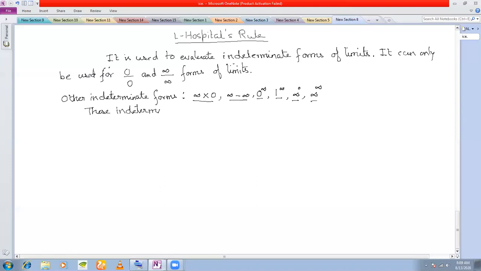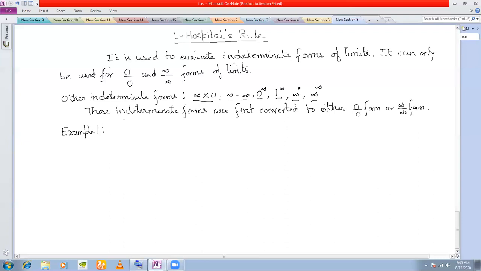These indeterminate forms are first converted to either 0 by 0 form or infinity by infinity form. Okay. So let us see an example in this regard. Let us see the first example, the evaluation of limits. Suppose I give you a 0 by 0 or infinity by infinity form.